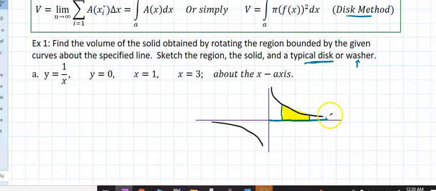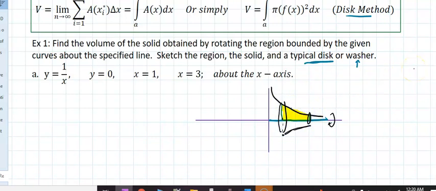I'm going to rotate this about the x-axis, so this is irrelevant. As this rotates, it's going to create an identical piece like it, and it's going to look something like this. And I'm looking for this volume.